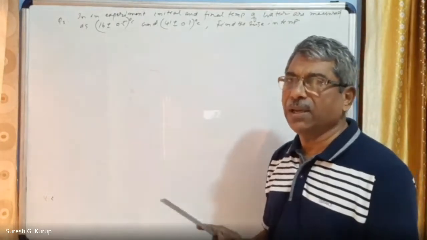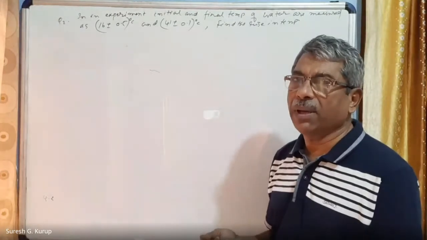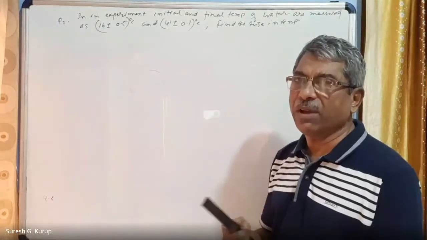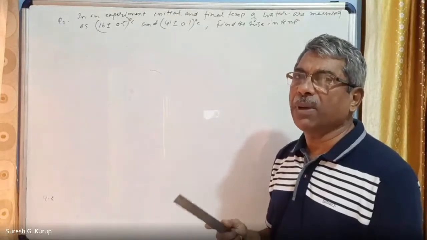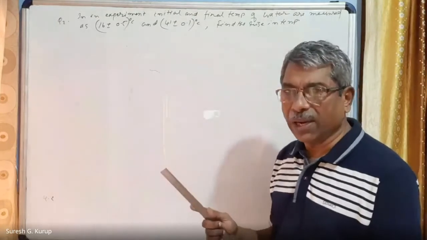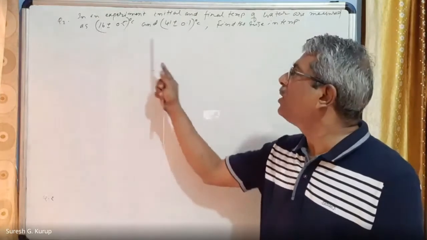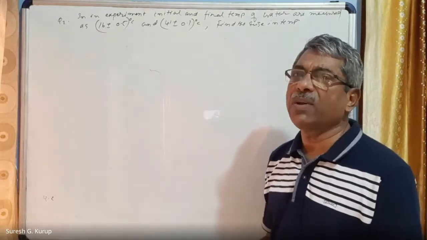Already we have said in the combination of errors, for x equal to a plus b, we had to find delta x. In that case, what you have done: plus or minus delta a plus or minus delta b. In the same way, only the difference will be taken between real values, and the absolute errors are always added up.